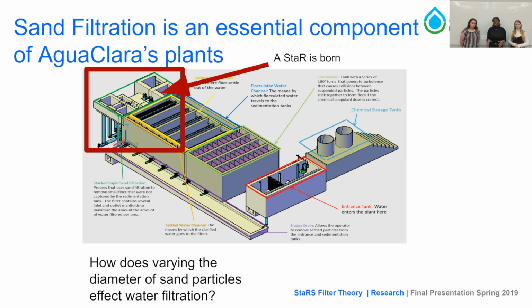It's actually the last stage in a water treatment plant, and previous teams have worked with varying different parameters to increase efficiency of the StaRS filters, such as coagulant dosage and changing the influent turbidity. This semester we'll be focusing on varying the different sand grain sizes and seeing how that could potentially affect filter efficiency.